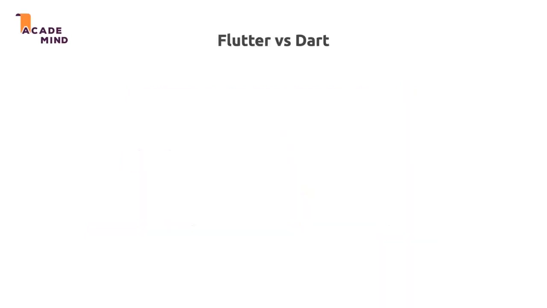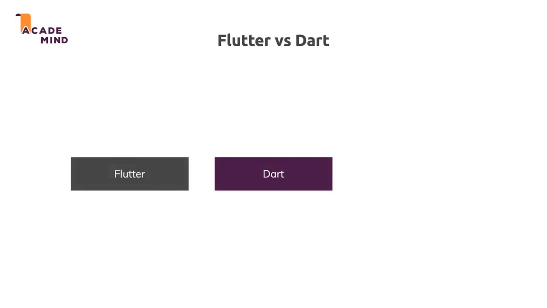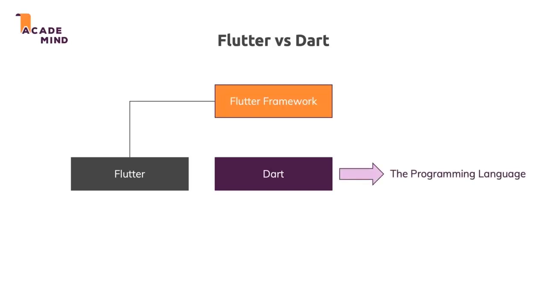So Flutter and Dart are not really alternatives, instead they're working together. Flutter builds up on Dart, it's a framework for Dart, and Dart actually is the programming language which we're using.